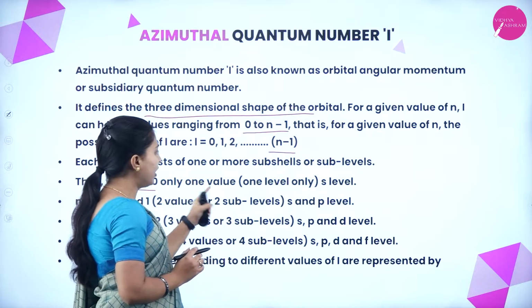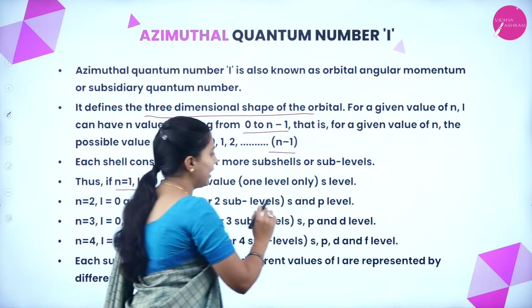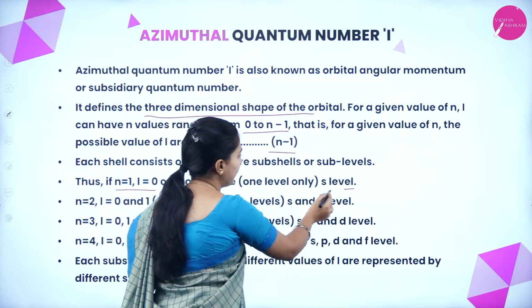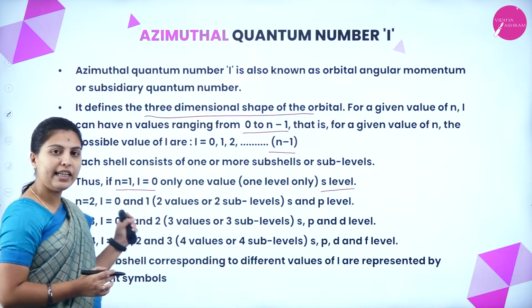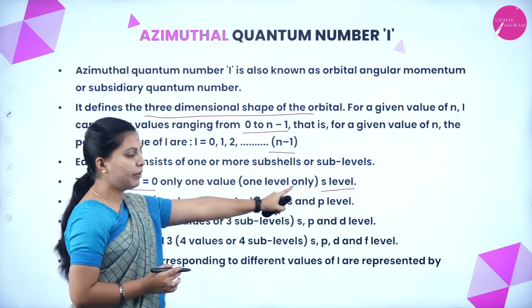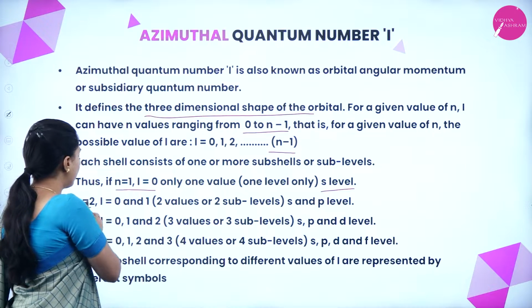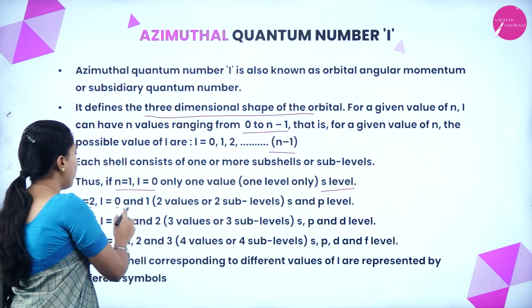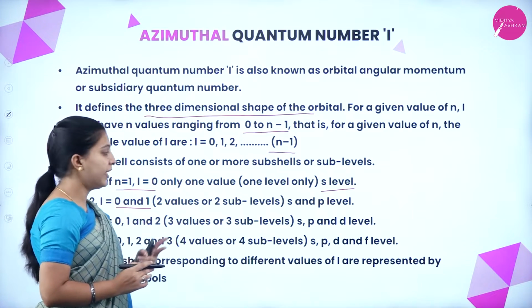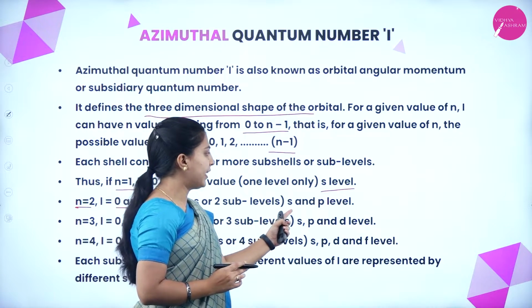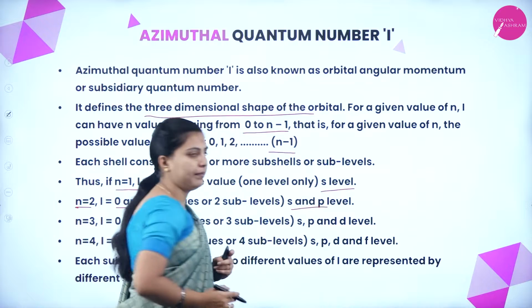Then only one value will be there, so only one level will be present, that is the s level. When l equals 0, that level will be only s. When n equals 2, l equals 0 and 1. 2 values will be seen, like 2 sublevels, that is the s and p levels.